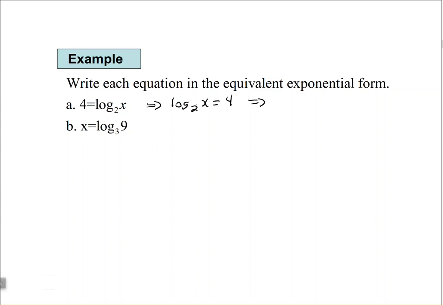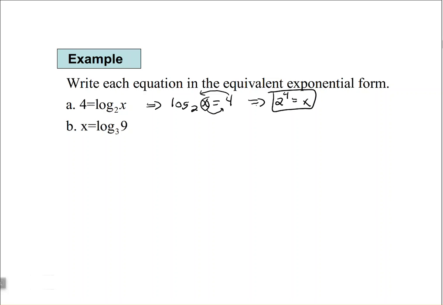The base of 2 will remain the base of the exponential form, and then the x and the 4 will swap sides. The 4 will become the exponent, and the x will just go to the other side of the equation. So 2 to the 4th equals x. It's the same thing as log base 2 of x equals 4.